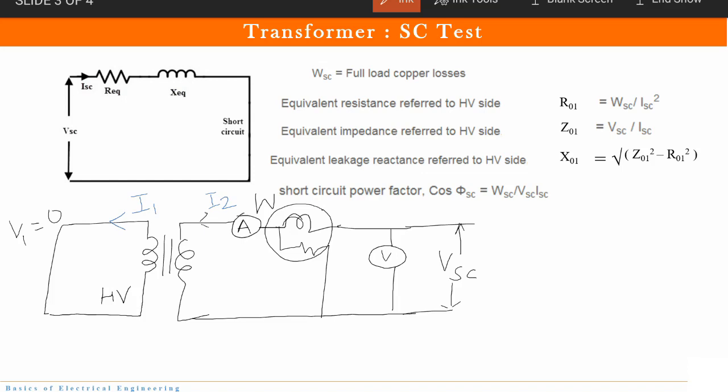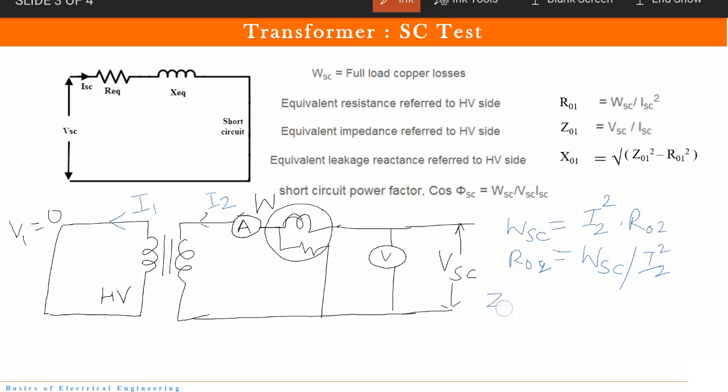Okay, fine. So in the same fashion, I will be writing the parameters. My WSC would be I2 square into R02. So I can calculate R02 as WSC upon I2 square.